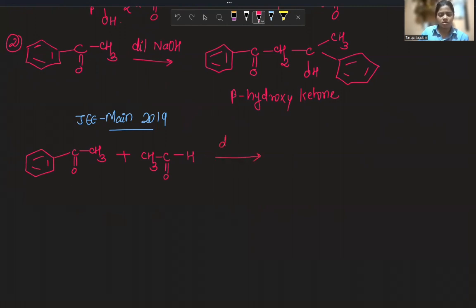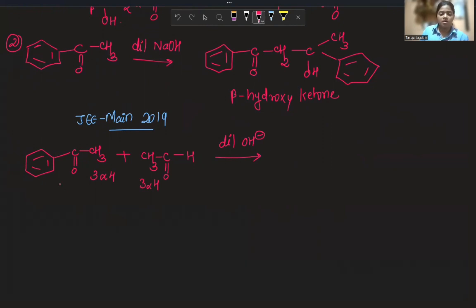In the presence of dilute base, what will be the major product formed in this reaction? We can see that in both the reactants we have alpha hydrogens. Here we have 3 alpha hydrogen, and here we also have 3 alpha hydrogen.